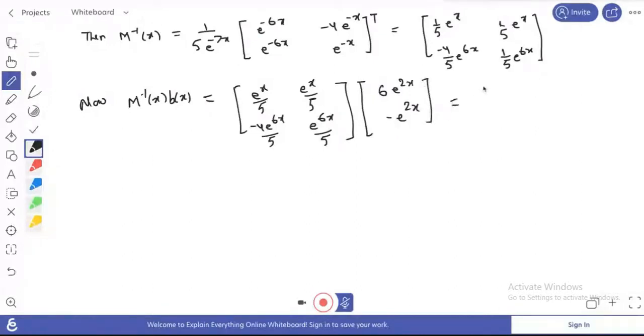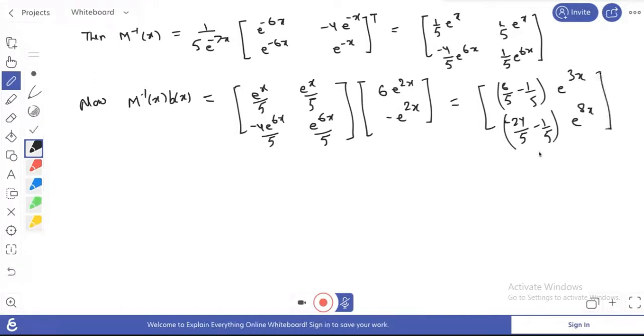If you multiply that, it becomes 6 by 5 minus 1 by 5 e to the power 3x, and here minus 24 by 5 minus 1 by 5 e to the power 8x. Okay, so here we get e to the power 3x and minus 5 e to the power 8x. So this is the product of that.